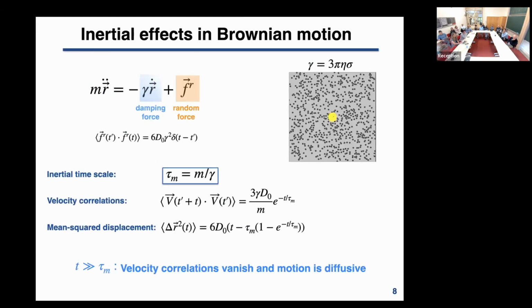Before doing that, I would like to show one slide. I start from the example of Brownian motion, and relaxation time.